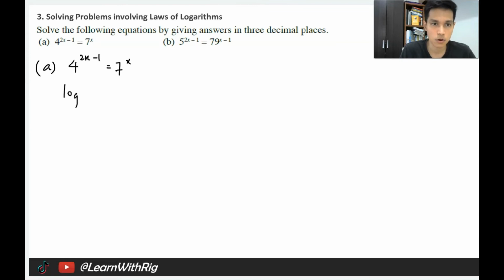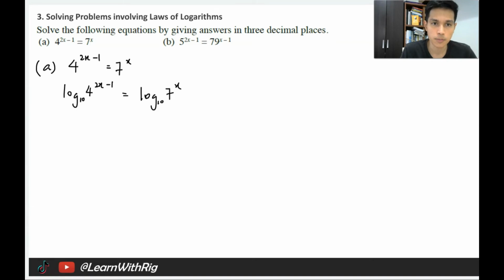So it becomes log 4 power 2x minus 1 equals log 7 power x. What is the base? The base is base 10. Log base 10. You can make them become the same base by adding log. So now you have log base 10 on both sides.